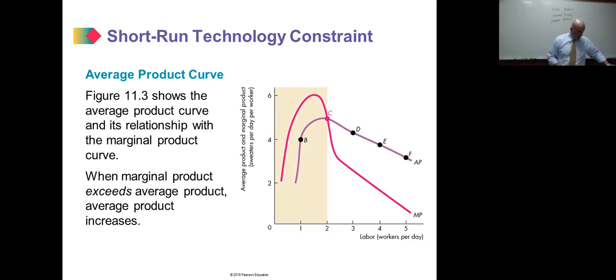Now, when marginal product equals average product, average product is at its maximum. And let's look at when we go from 1 to 2 workers. At point C is where we see marginal product intersecting with average product.